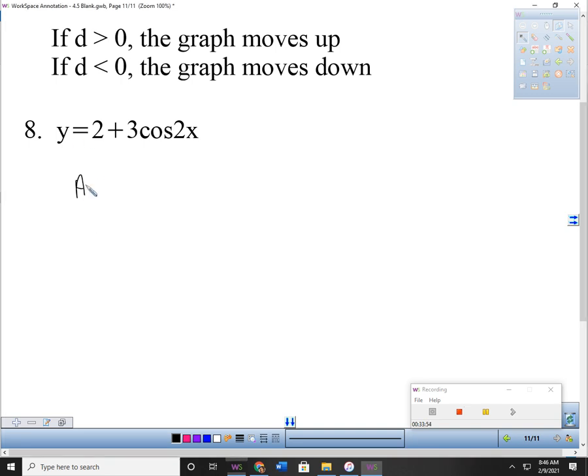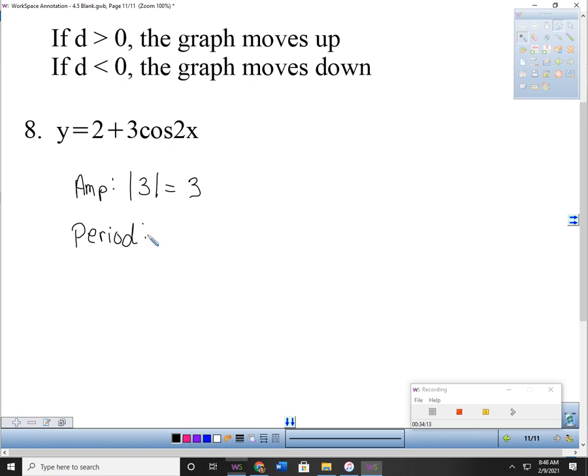So let's start with our amplitude. So remember, the amplitude tells you how far it is from your baseline, your center. So I've got a 3 that I'm multiplying times cosine. So I take the absolute value of that 3, and that gives me 3. Now we need to figure out how far it is from beginning to end.